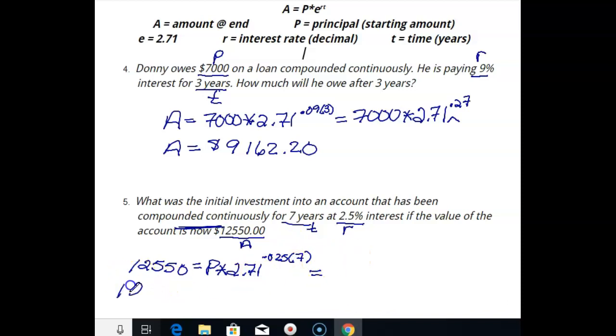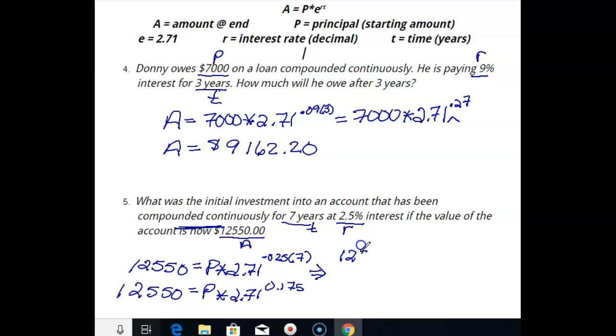So I've got $12,550 equals P times 2.71 raised to the 0.175. I'm going to raise 2.71 to the 0.175.